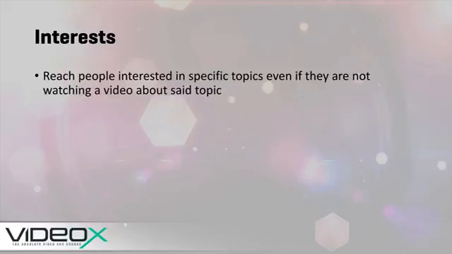So what interest targeting allows us to do is tap into what Google knows about these people and lets us place our ads in front of them even if they're not consuming content about that topic.